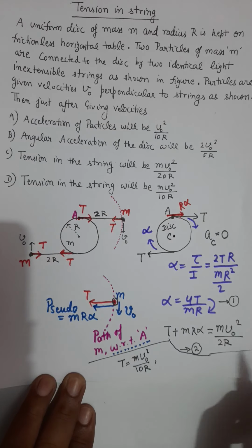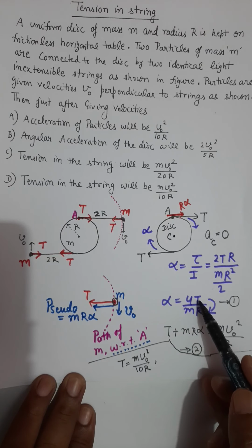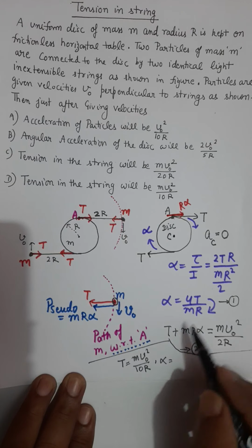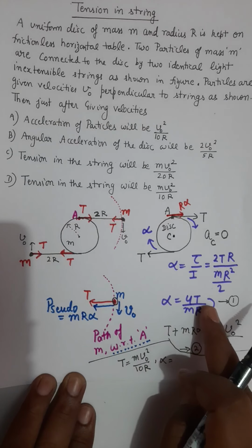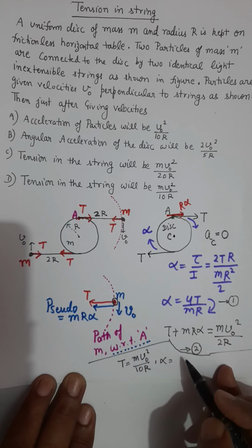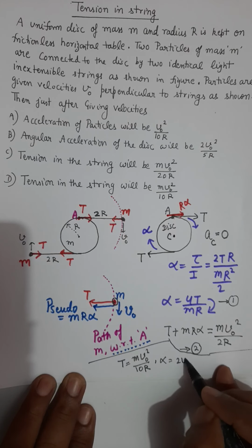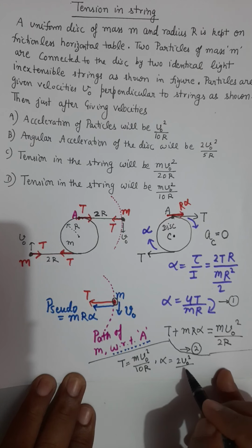If you further solve it, you put the value of T in the first equation, and then you will come to know the value of alpha. That will come as 2 v0 square over 5r.